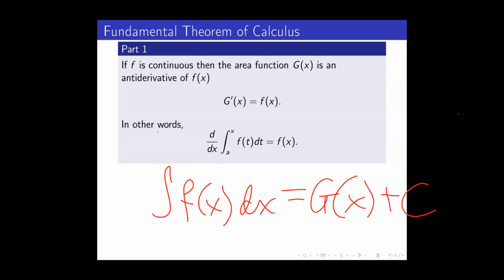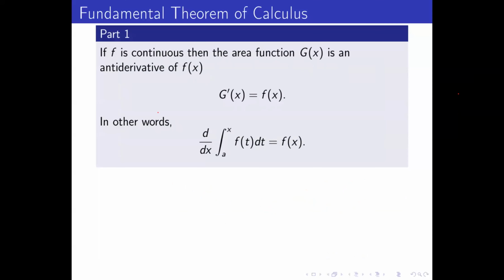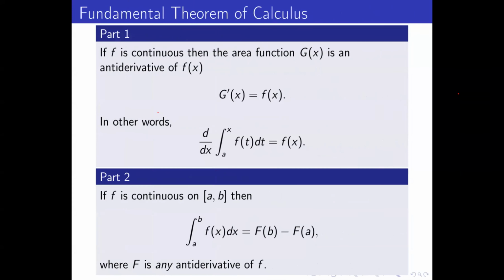Do you have any questions about the statement of the theorem? Okay. So the second part of the theorem, I think we're going to prove this later, but we state the theorem first.